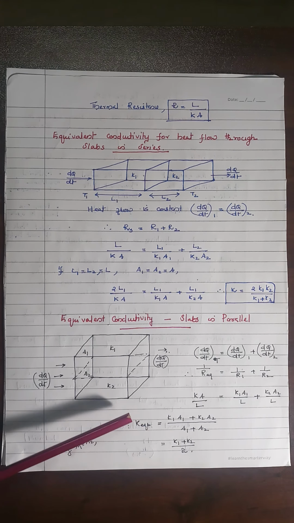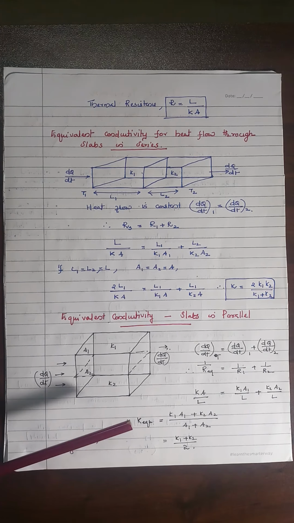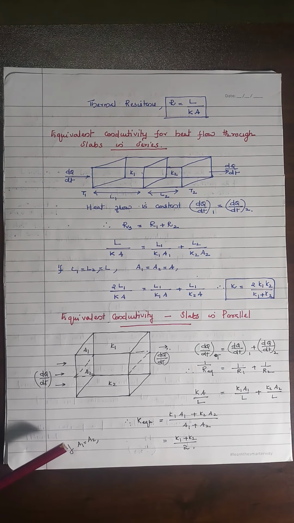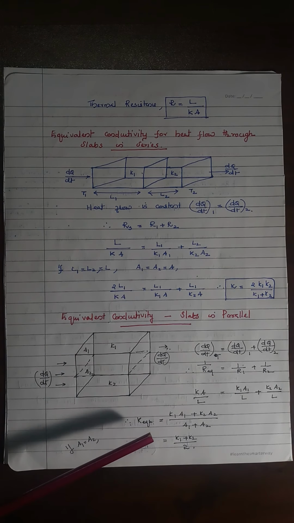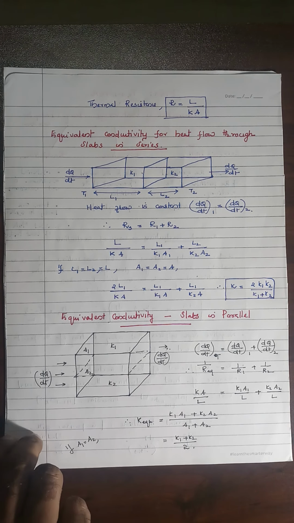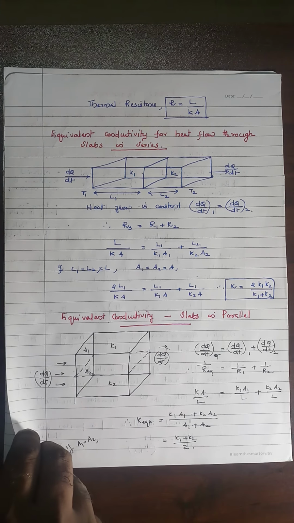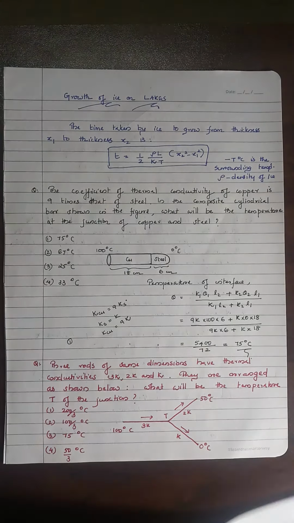So we get the equation K1A1 plus K2A2 by A1 plus A2. If A1 equal to A2, that is equal to K1 plus K2 by 2. So these are the two very important concepts while dealing with thermal resistance.